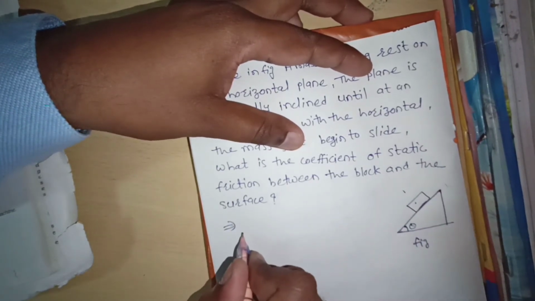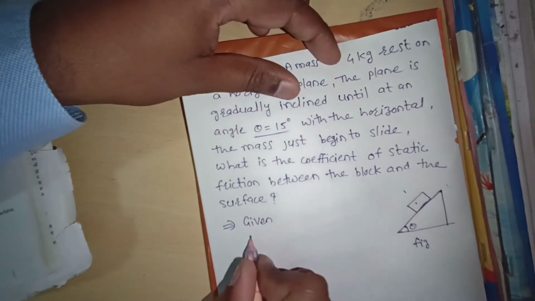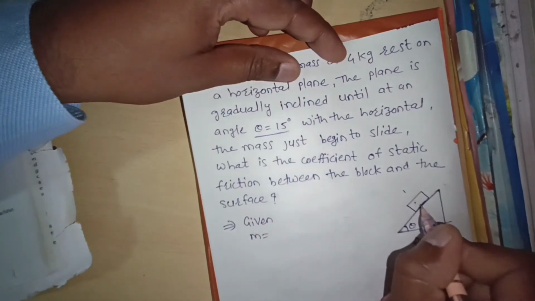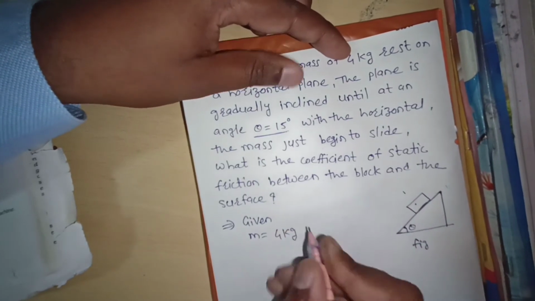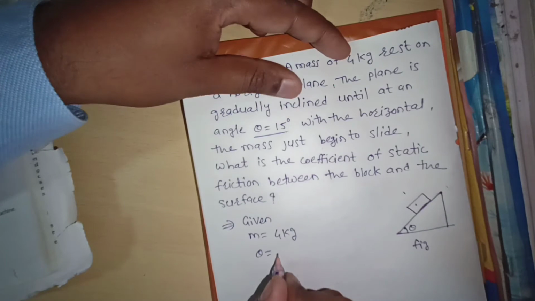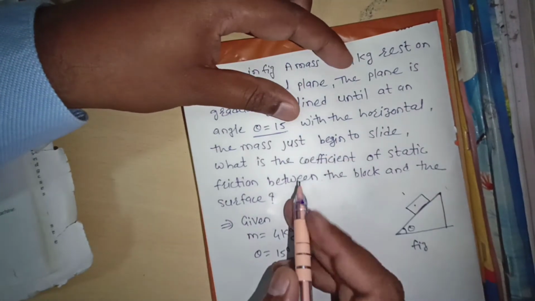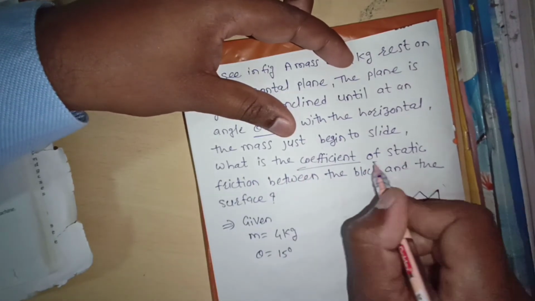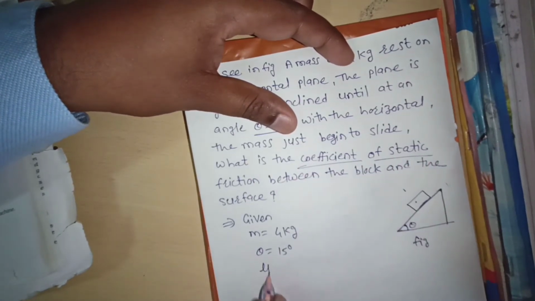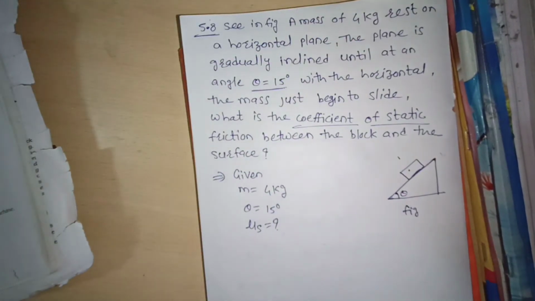First write down what is given: the mass of the block is 4 kg and the angle theta is 15 degrees with the horizontal. We have to find the coefficient of static friction, mu s.